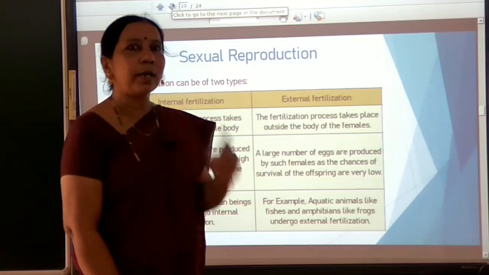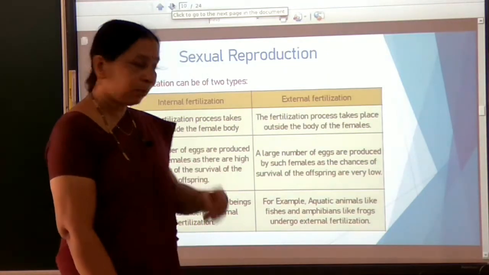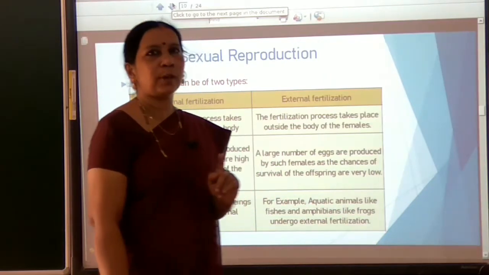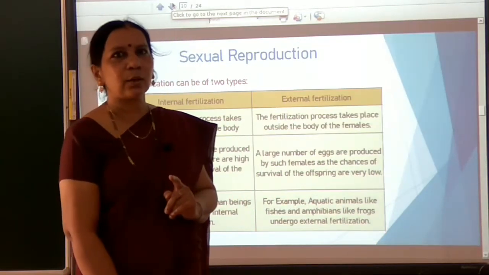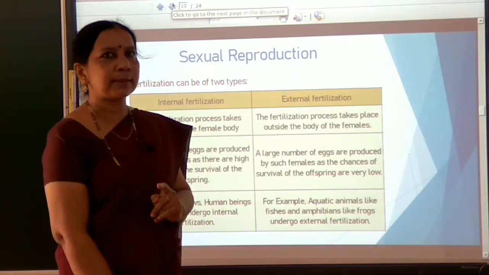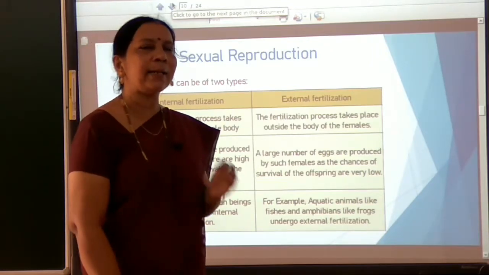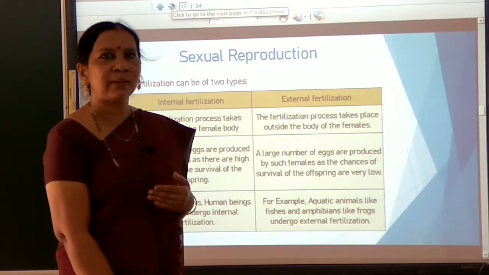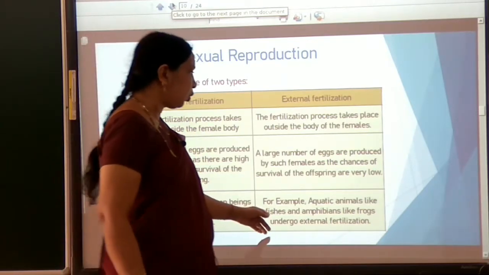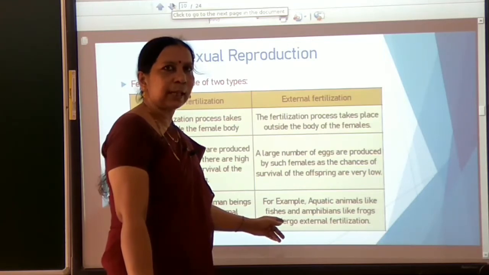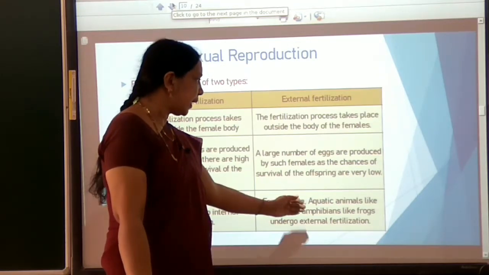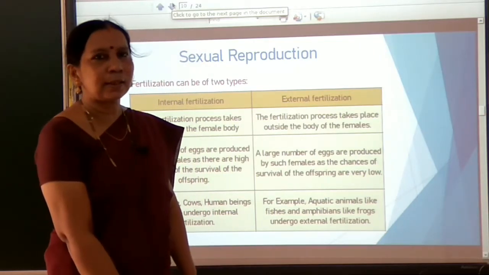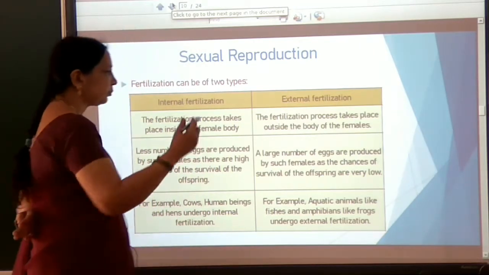Since they need water to complete their life cycle, they lay eggs in water. Hence these frogs and toads are called amphibians, meaning they live both on land and in water and need water to complete their life cycle. So in animals like frogs and toads, fishes and starfish, external fertilization takes place.